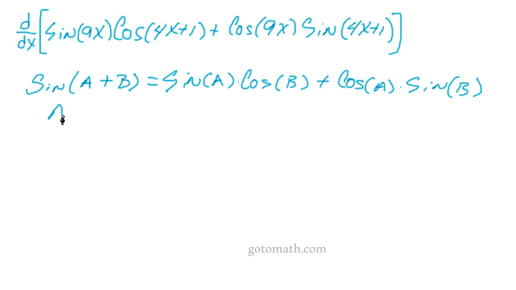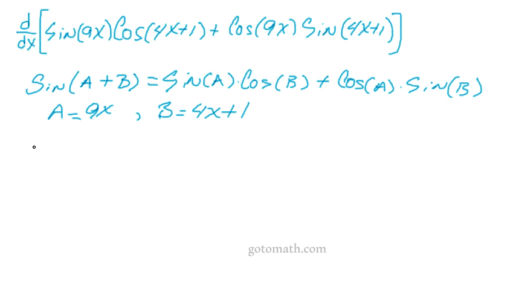So in this particular case, a is going to be equal to, let's say, 9x, and b is going to be equal to 4x plus 1. You see that? This is 9x and that's 4x plus 1.